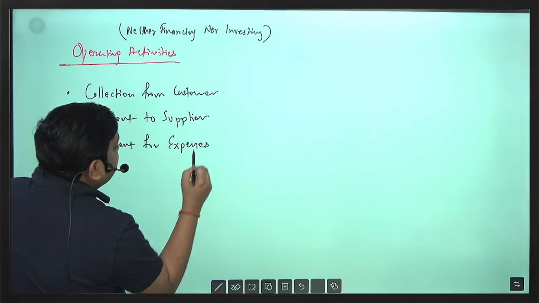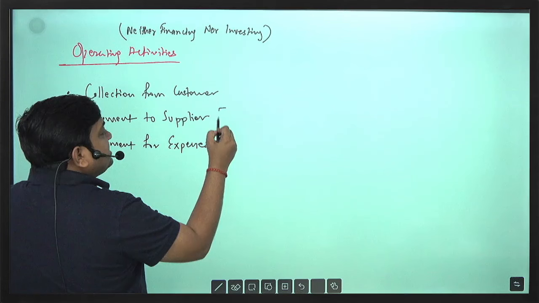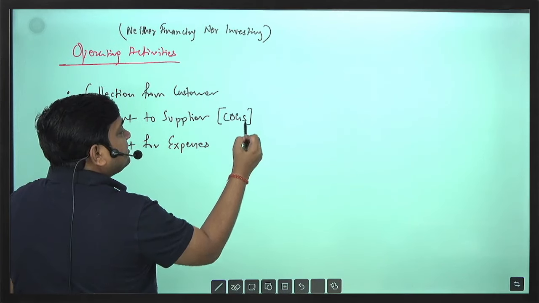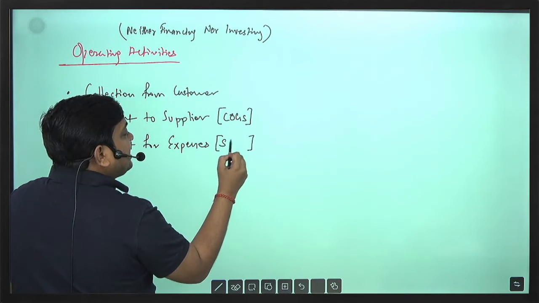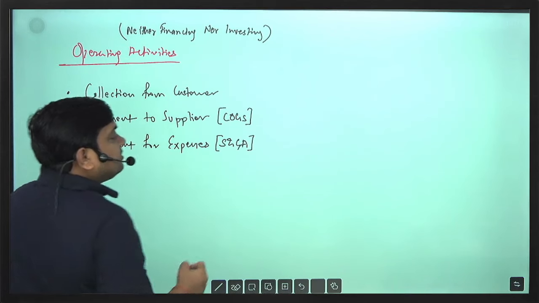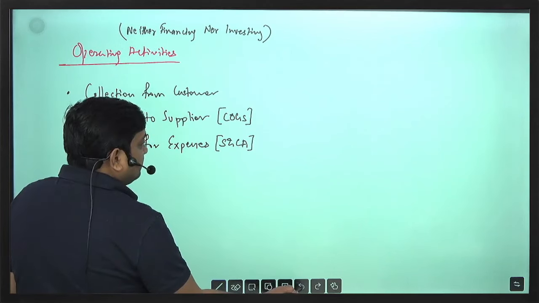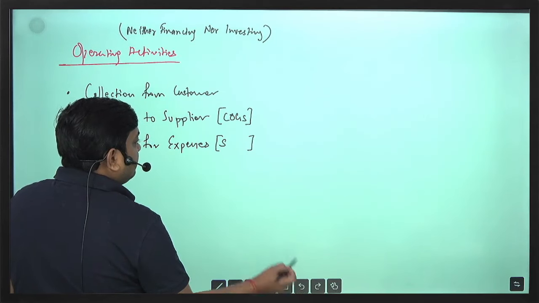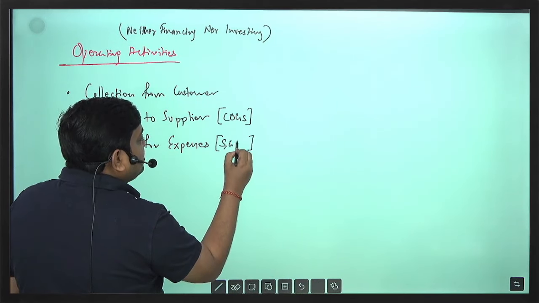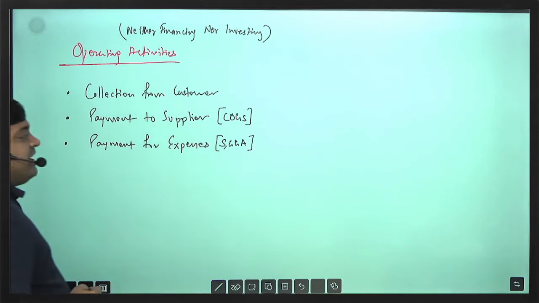Payment for expenses. This is like payment for COGS. This is like selling and general administration, SG&A. This is selling, general and administration. Operating expenses basically.